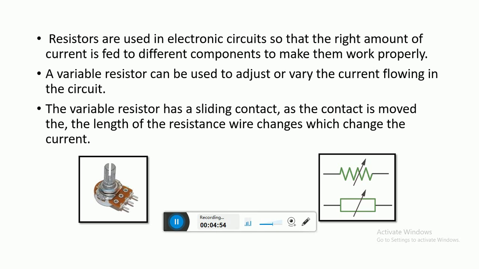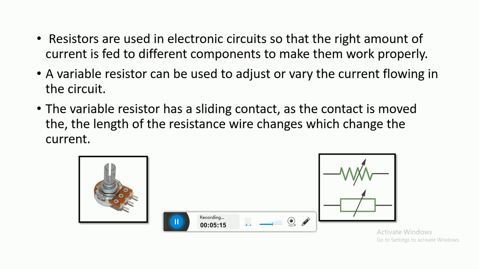If we provide a direct current to the mobile phone, there would be a blast, because the amount of current is much higher than required in the case of a mobile phone.